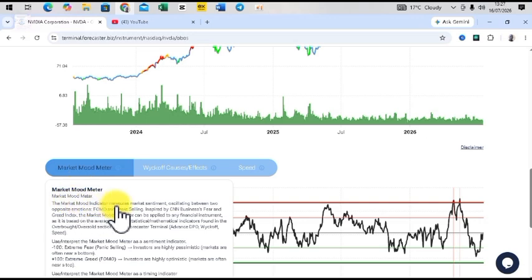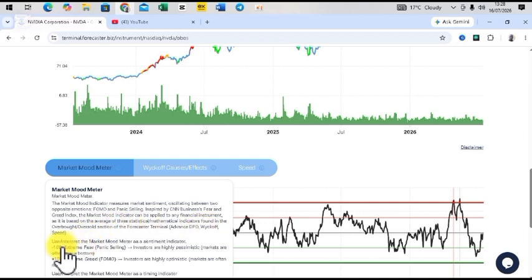The market mood indicator measures market sentiment oscillating between two opposite emotions, FOMO and panic selling. Inspired by CNN business fear and greed index, the market mood indicator can be applied to any financial instrument, as it is based on the average of 3 statistical mathematical indicators from the overbought and oversold section of the forecaster terminal, and that is the advanced DPO, which we have just seen, the Wyckoff and speed.